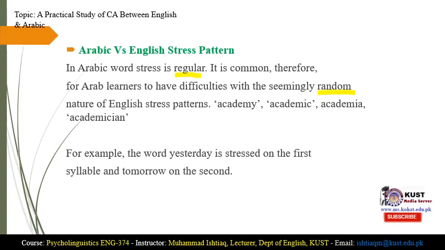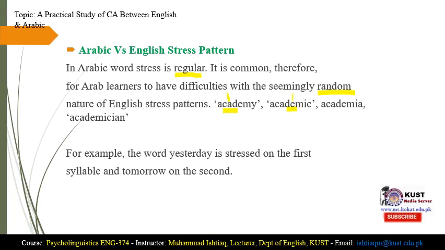For instance, look at the random nature of English stress pattern. The word is academy. Stress is on the second syllable, but this one is academic. The stress changes from the second syllable to the third. It becomes academic. This one is academy. Stress is on the second, but here stress changes to the third, academic.